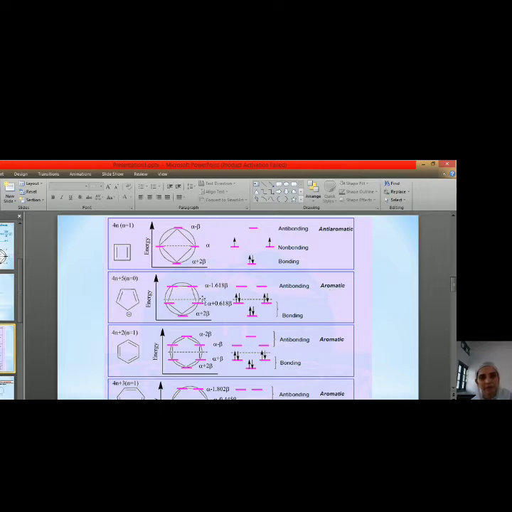So if we have to find whether these orbitals lie below this horizontal diameter or above this horizontal diameter, we find the energies of these levels. If there is a positive sign here, then this means that the orbital is bonding and it should lie below this horizontal diameter.